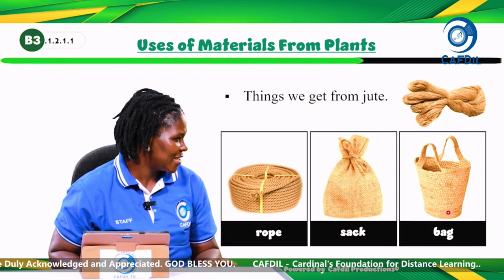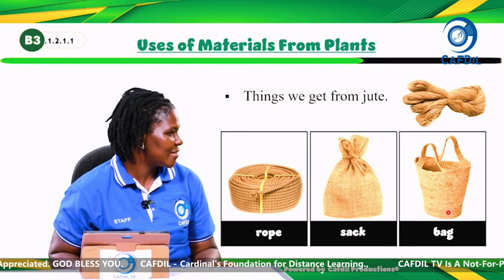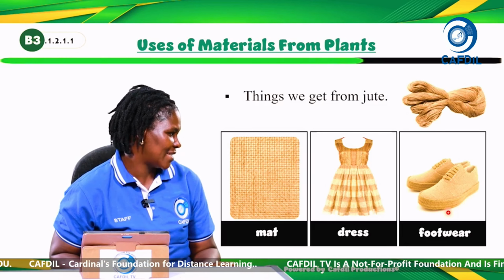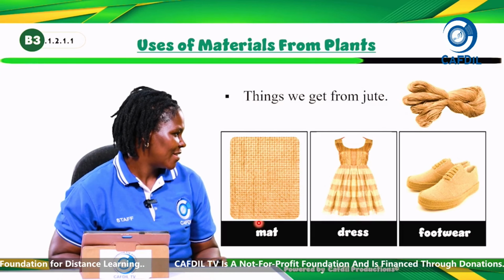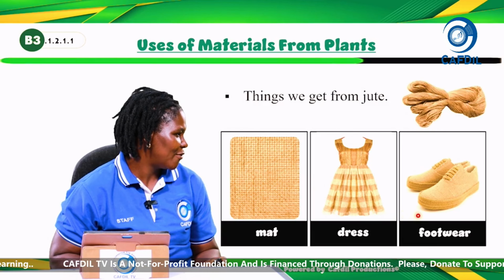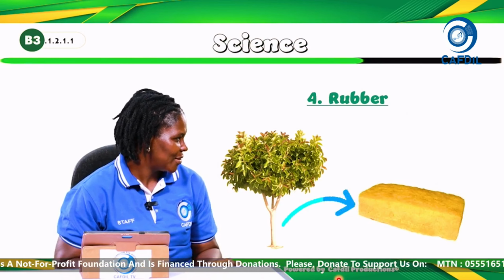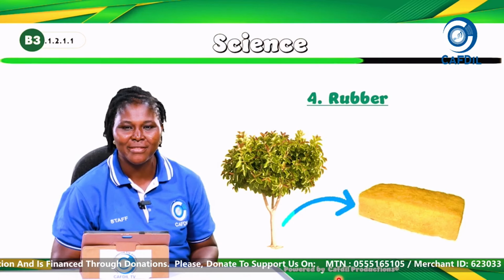So this is what we get from the jute plant. We can also get mats. We have the dress and then footwear. Good. Now rubber. The fourth one is rubber.